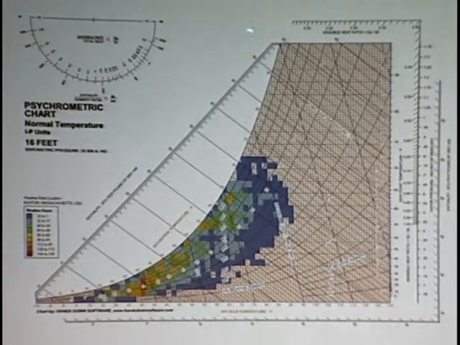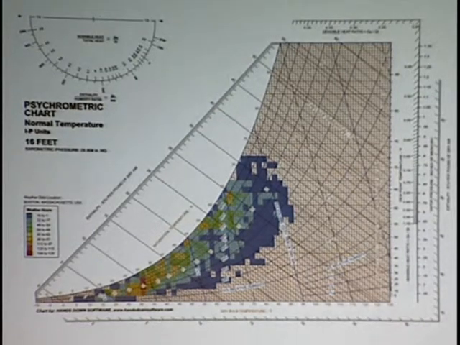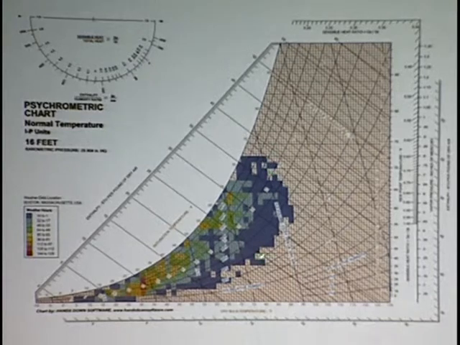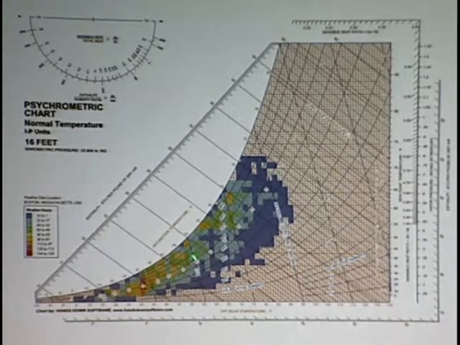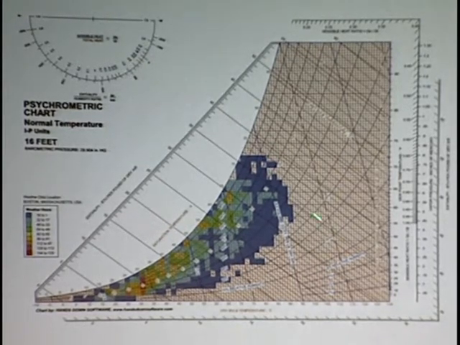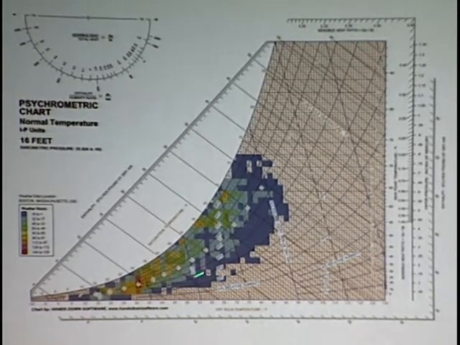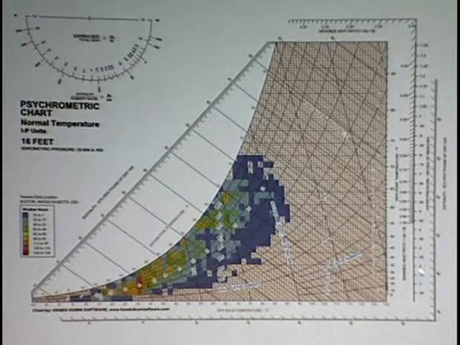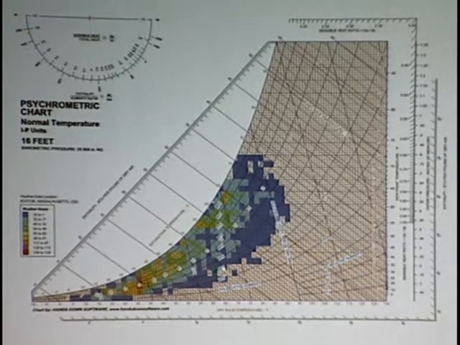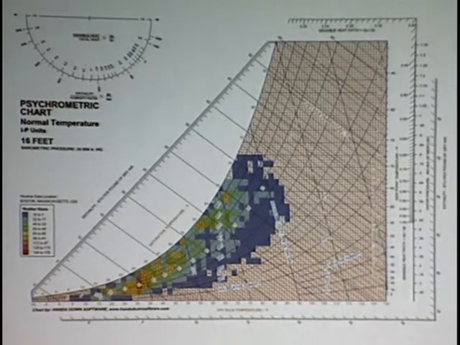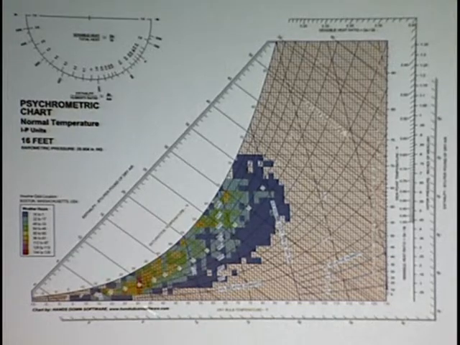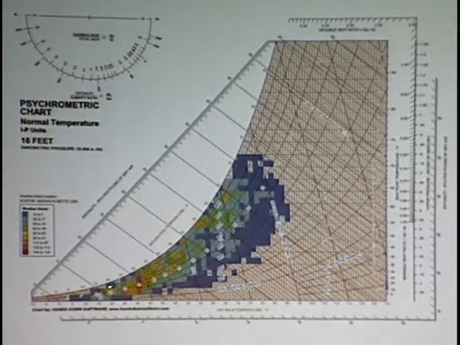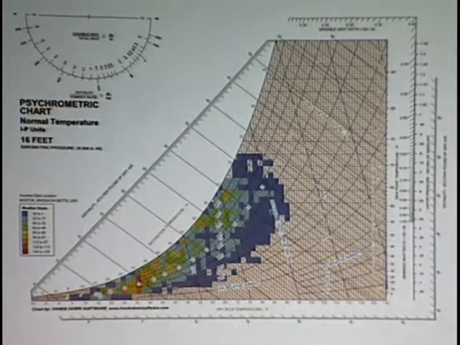So what we have here is the psych chart, which is the same for everywhere. These are the conditions for Boston shown in these colored boxes here. These colored boxes indicate how many hours per year at each of these conditions. This is a temperature and a humidity level that they occur at. So the red boxes are the most hours, and the blue boxes are the least hours.